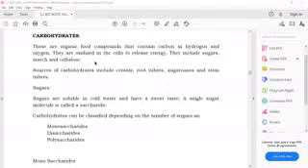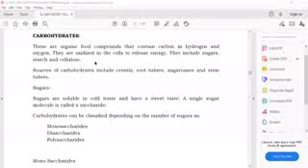Monosaccharides: mono comes from the word one, and saccharide means sugar. So monosaccharide means carbohydrates with just one sugar molecule.